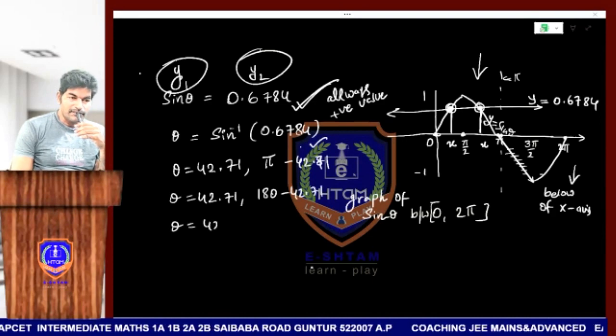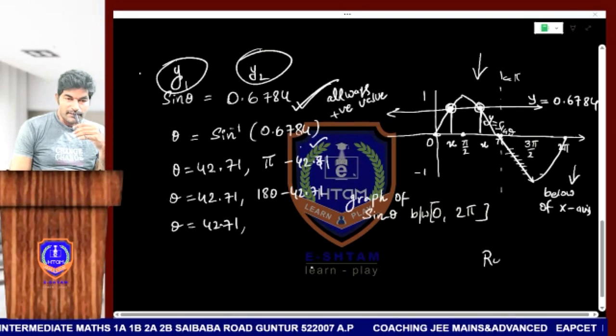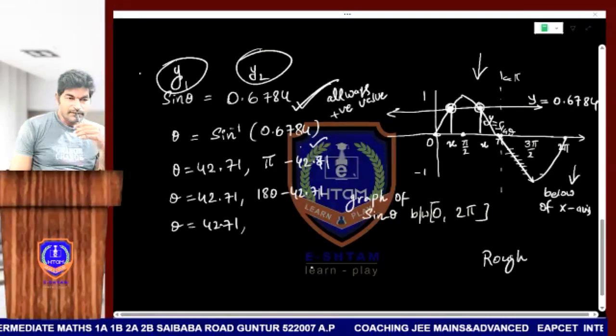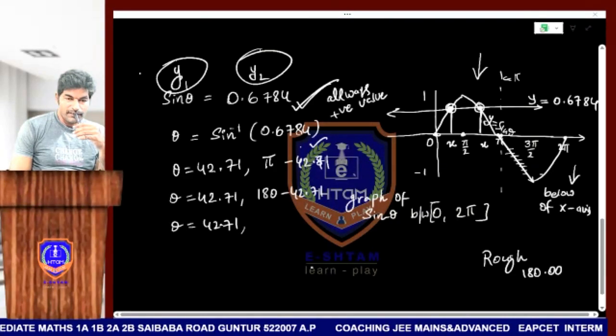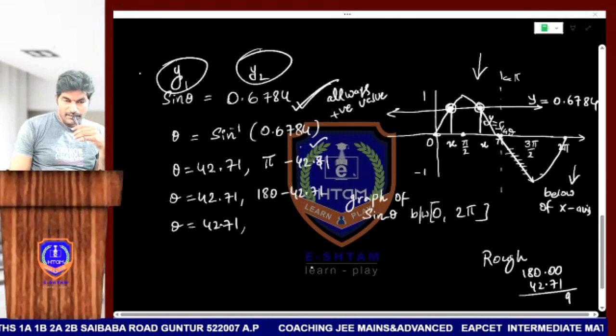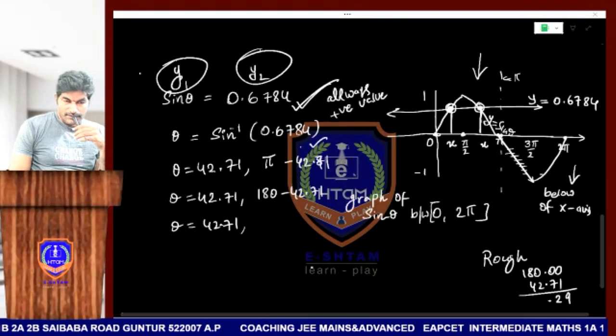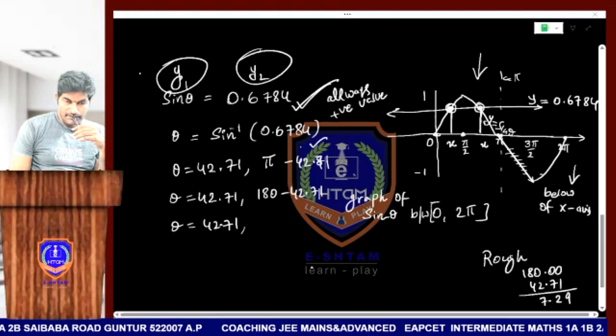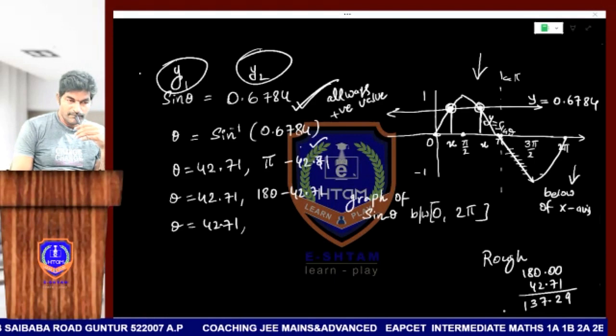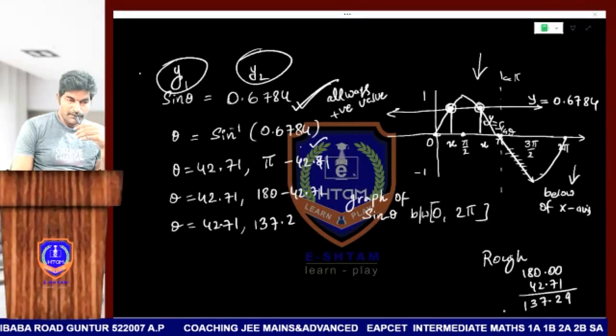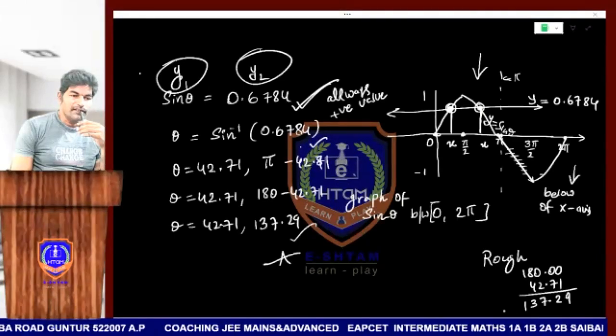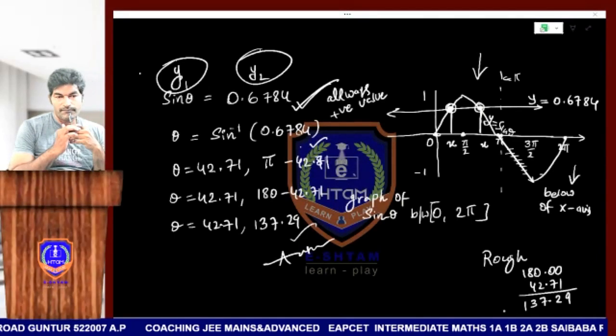Take this as rough work: subtracting 42.71 from 180.00 gives 137.29. So these are the required answers for this question.